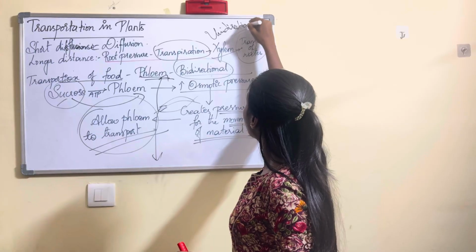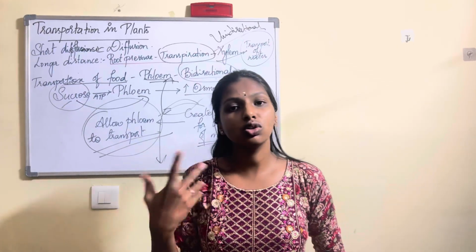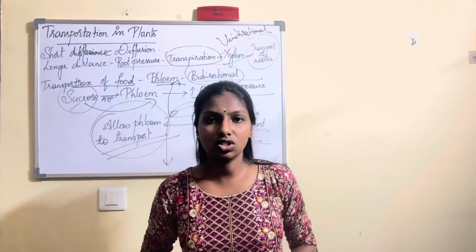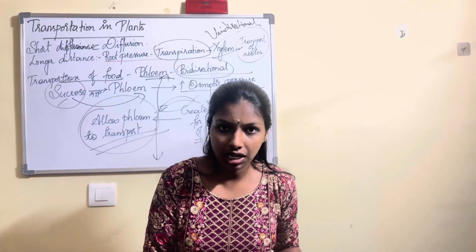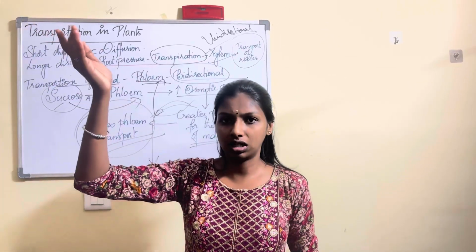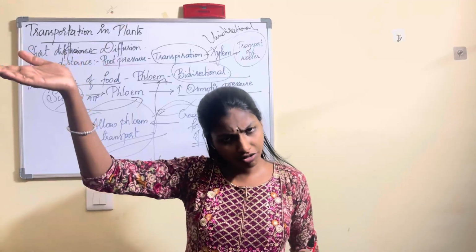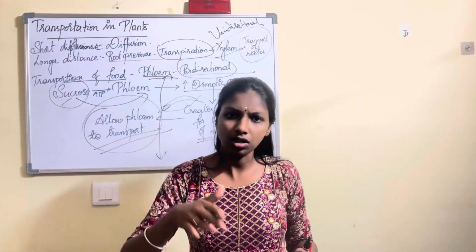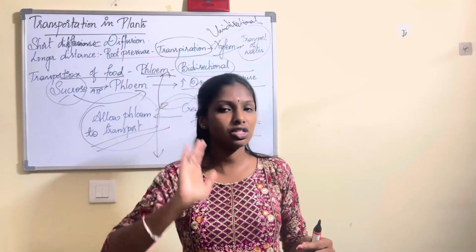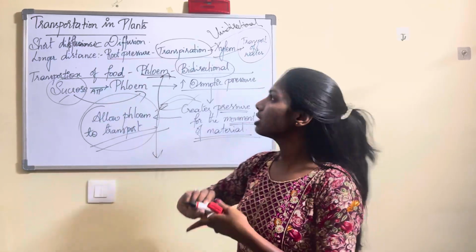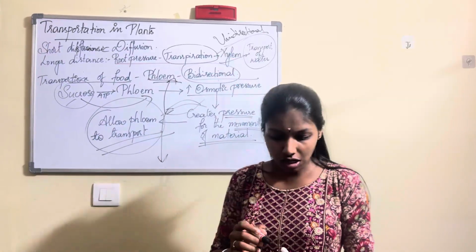What is meant by unidirectional movement? You know that water is transported through the root only, from the root to the shoot tip. Does water transport from the shoot tip to the root? No. It's from the root to the shoot. That is the reason the xylem shows unidirectional movement.